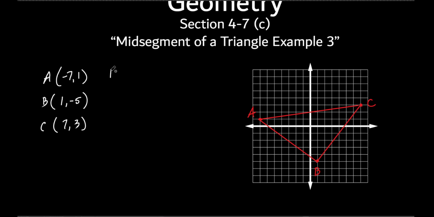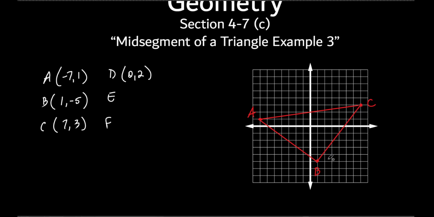So D, E, F. D was the midpoint of AC. If you look at it, you can kind of see where it would probably be. It'd probably be right there, wouldn't it? But we did the work on example 1. You can go back and watch that video. I'm sure we found the midpoint of that. So that's the midpoint. I'll do it a different color, but let's do all the midpoints.